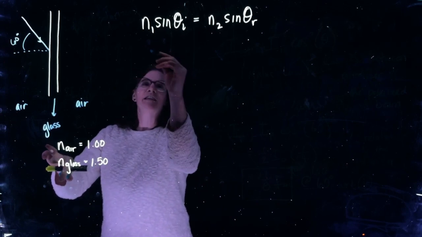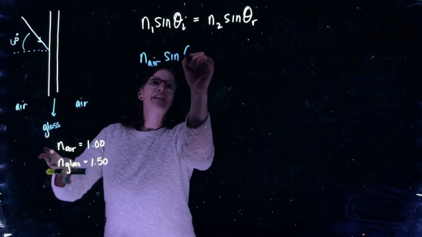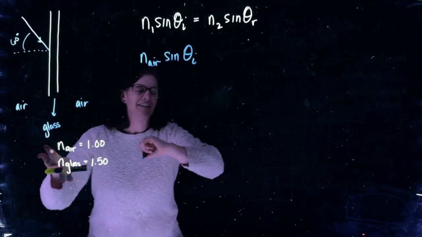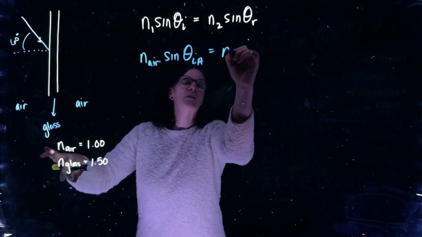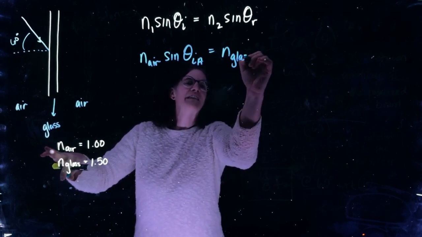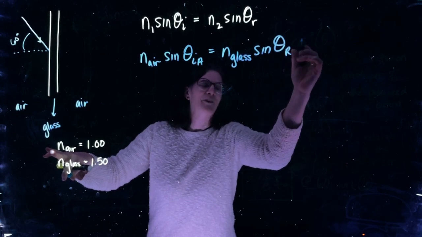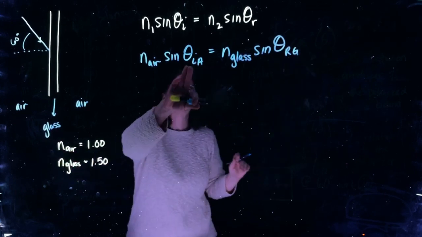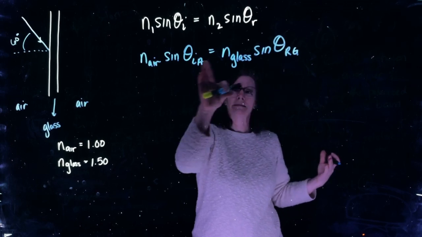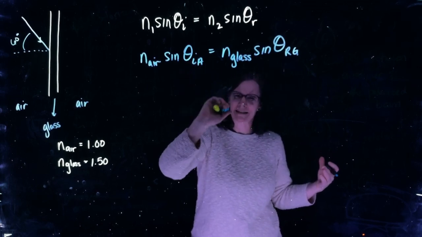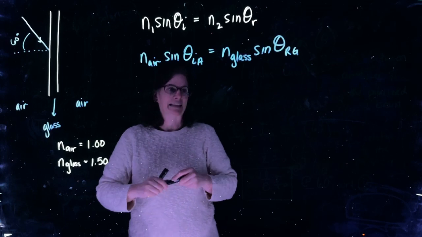So we have the index of refraction of air times the sine of the incident angle in air is going to equal the index of refraction of glass times the sine of the refracted angle in glass. I'm going to use I as incident, R as refracted, A representing air and G representing glass.